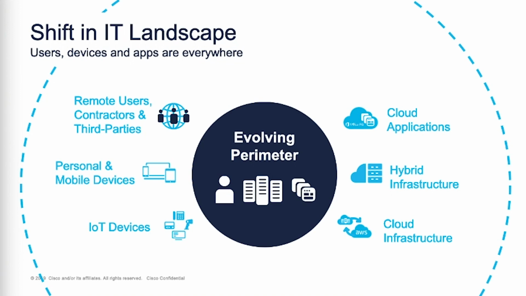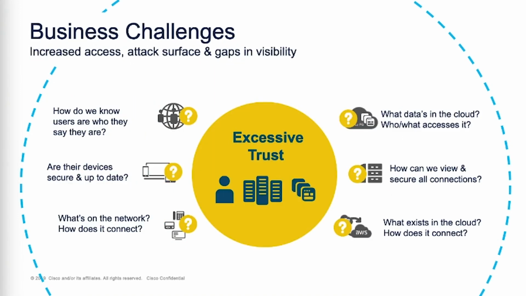At the same time, we have the introduction of new smart devices known as Internet of Things, and they're another entry point into the network. As a result, users and devices are moving outside of the traditional network, and they're expanding what we define as the perimeter. New business challenges have emerged because of this.